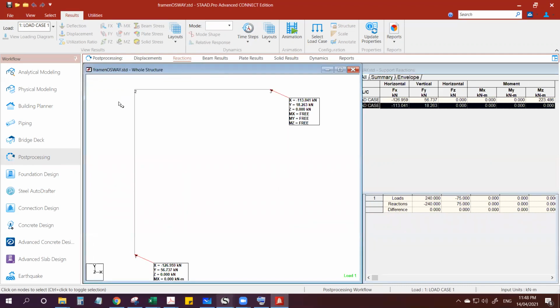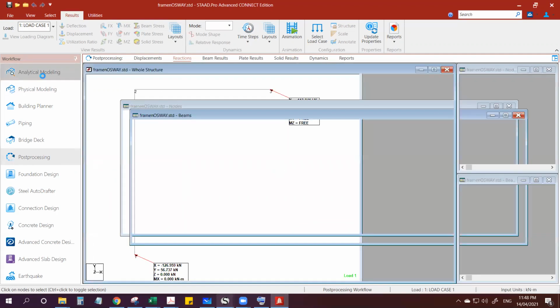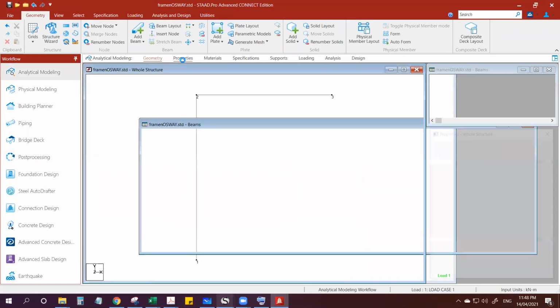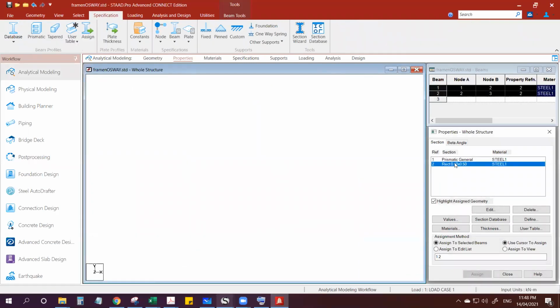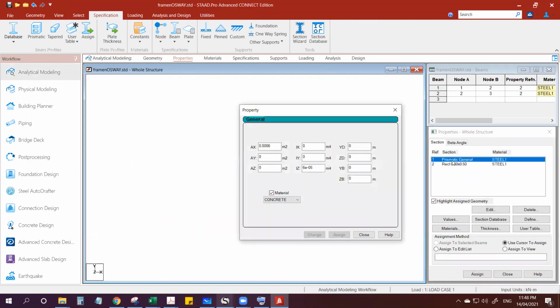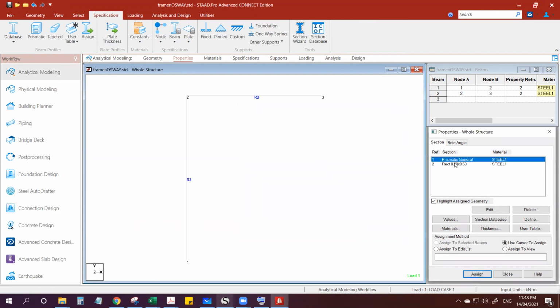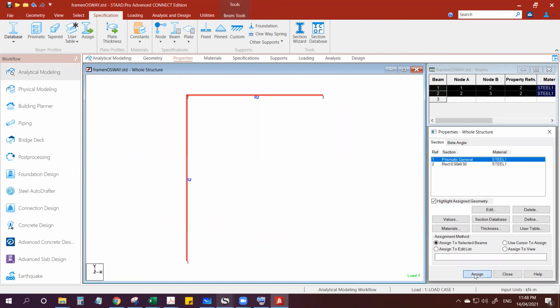And I want to show you that if I change the properties, something like this, okay, maybe I'll choose still one, change, yes, close, and then I'll assign this section here, assign, yes.